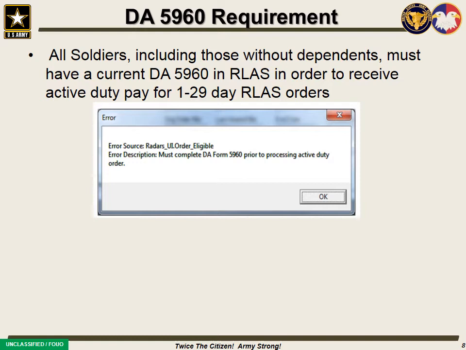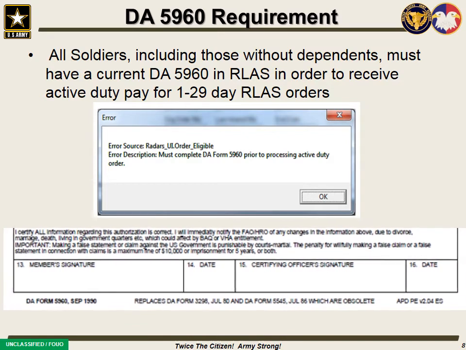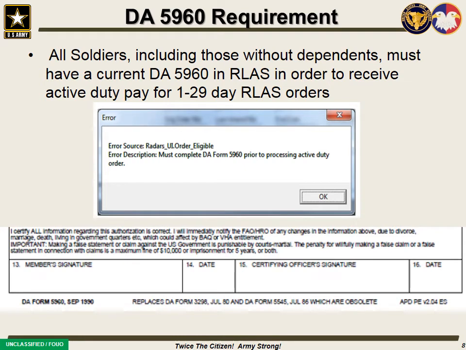The RLAS DA Form 5960 must be signed by the soldier and the commander or alternate certifying officer. Do not pay an active duty order without first obtaining the soldier's signature and dependent documentation and the commander or alternate certifying officer's signature.